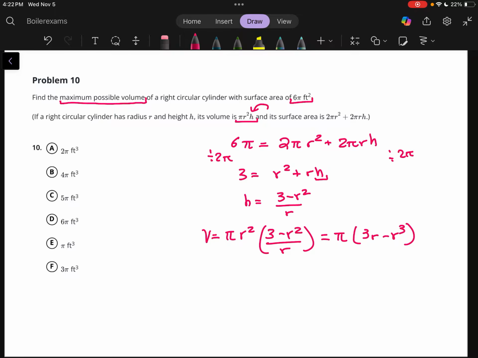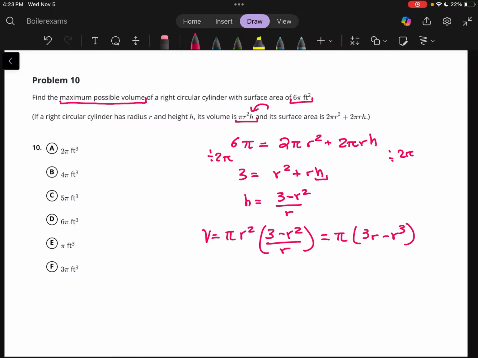Anytime you see maximum or minimum, most or least, you should think derivative, because the maximum and minimum values of some function f of x are going to be located at the values where f prime of x is equal to 0.